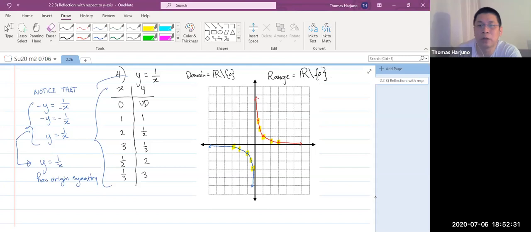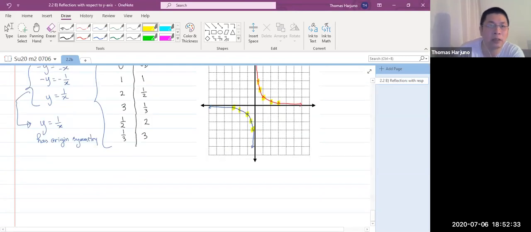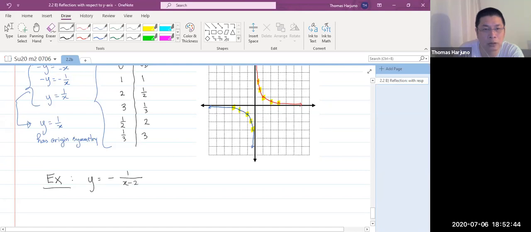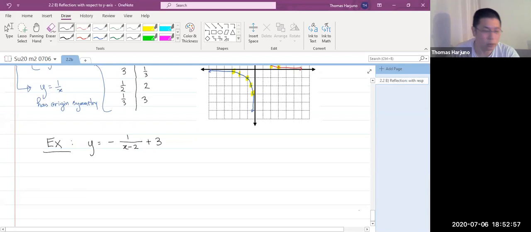Now then, using that basic graph, for example, what will this look like? y equals negative 1 over x minus 2, let's say plus 3. How do we sketch that graph?